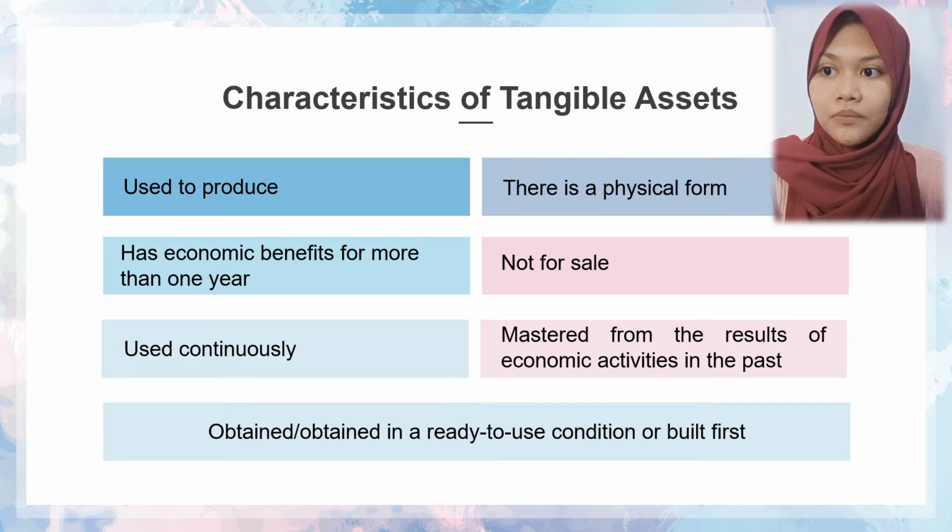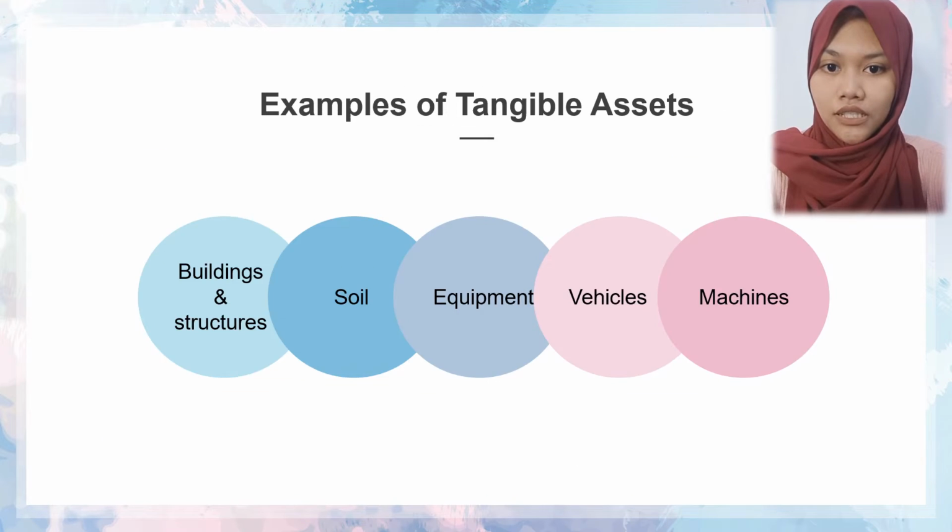There is a physical form. 3. Has economic benefit for more than 1 year. 4. Not for sale. 5. Mastered from the result of economic activities in the past. 6. Used continuously. And 7. Obtained in a ready-to-use condition or built first.